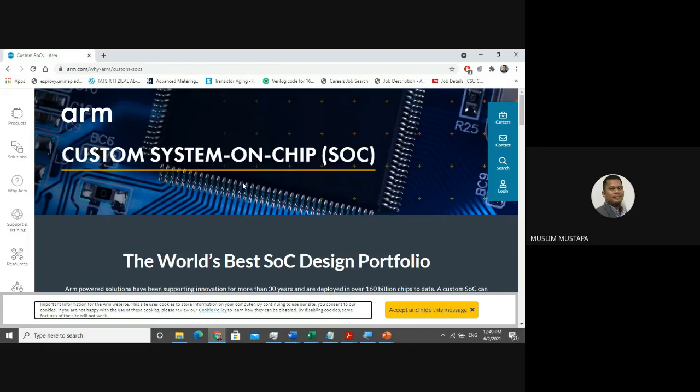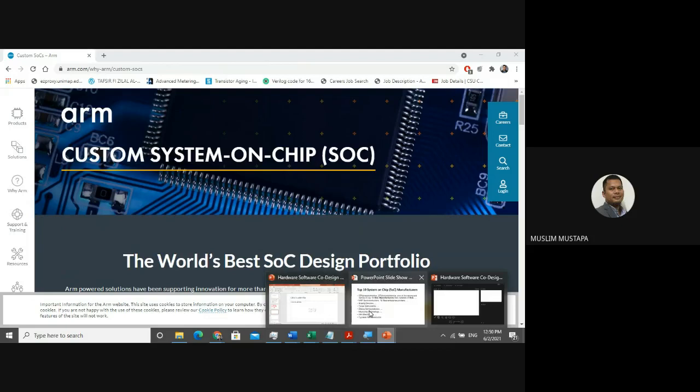They don't have their own fabrication facilities. What they sell is their design, right? So they sell their SoC design, and of course the SoC design will be working with the ARM processor. ARM has their own processor, which is able to communicate and work with many other modules produced by ARM itself. You got it?